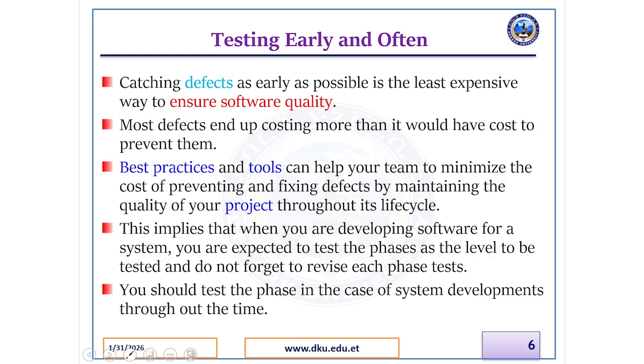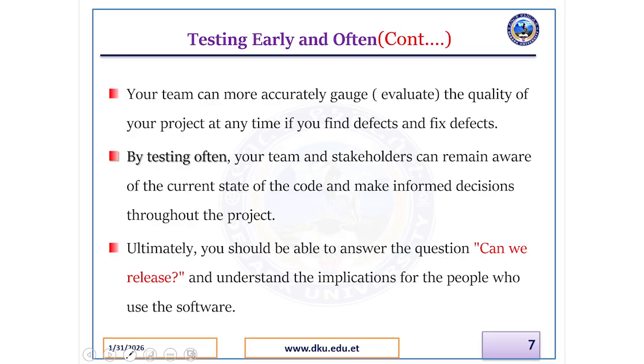This implies that when you are developing software for a system, you are expected to test the phases as the levels to be tested, and do not forget to revise each phase's tests. You should test the phases in system development throughout the time. So your team can more accurately evaluate the quality of your project at any time if you find and fix defects.